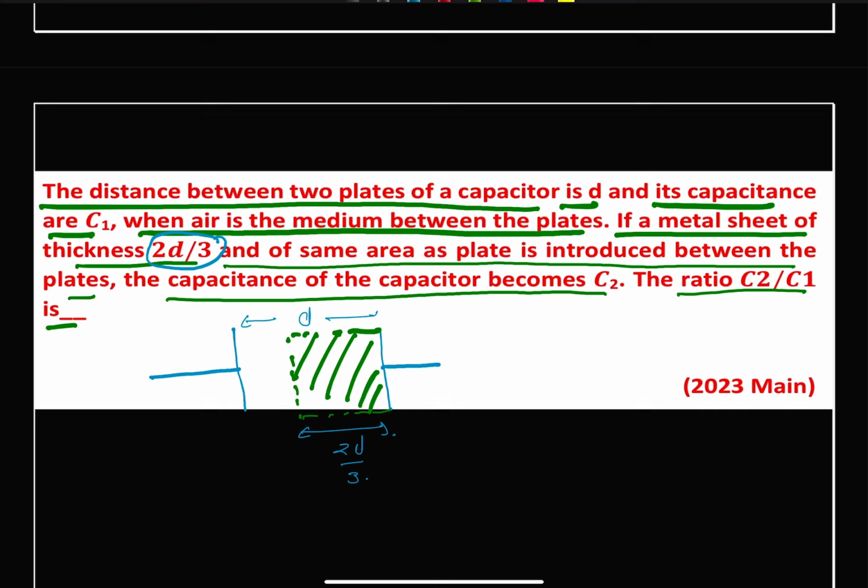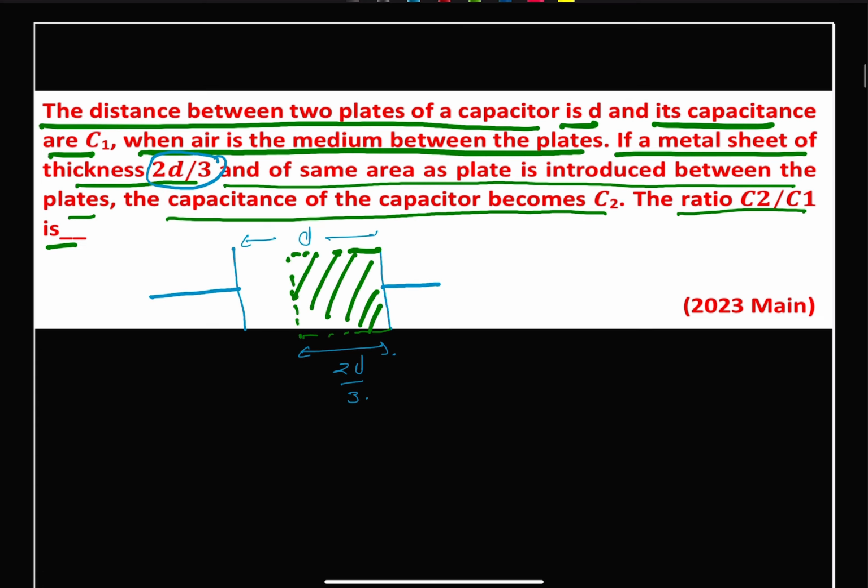Now under this condition, the capacitance of the capacitor becomes C2. Okay. So which basically means that when the metal sheet is introduced, the capacitance of this entire setup is given as C2.